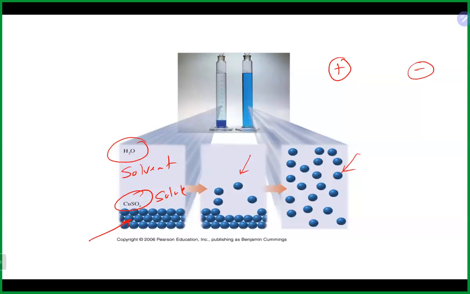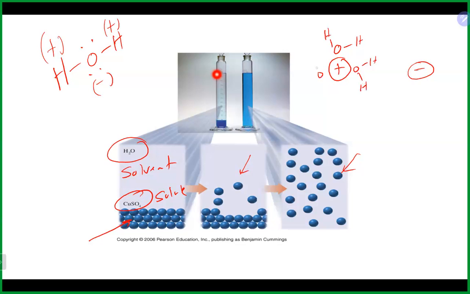And if we use water as our solvent, water is polar, if you remember from bonding. Oxygen is more negative, right? Hydrogen side there, more positive. So what happens when you go to dissolve something, the negative side of water will surround the positive ion, and the positive side of water, which is the hydrogen, will surround the negative ion.